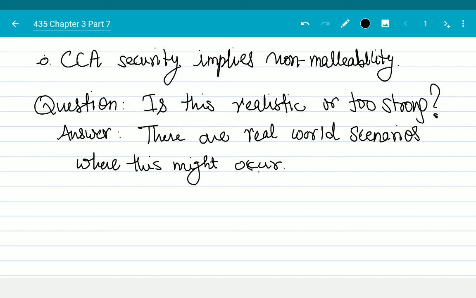Okay. For example, when we saw the Midway Island exercise, where the American Army managed to do a chosen plaintext attack and get information, they could as well have sent out false information, a false message, in a certain frequency, and hoped to see how the Japanese respond, right?